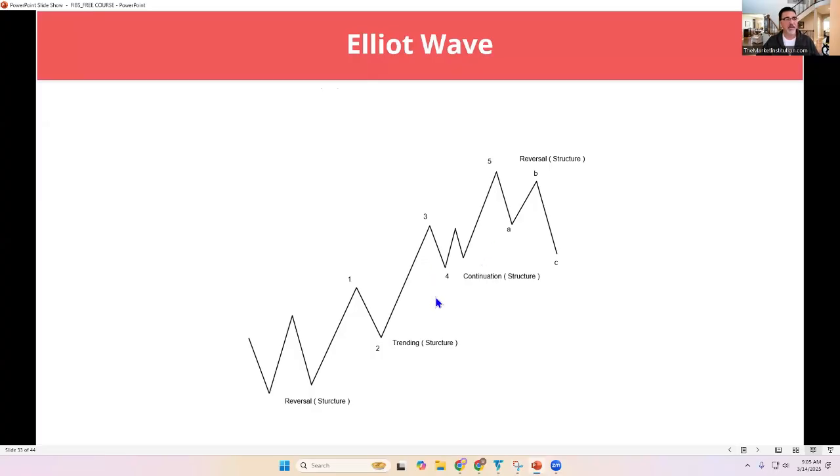Then we identify continuation patterns. Now, continuation patterns happen 2/3 of the way through this cycle. It's like a movie. You have the opening plot, and then things quiet down. Then the story thickens, and the hero and the villain start fighting it out. Hero comes back to save the day. Okay.